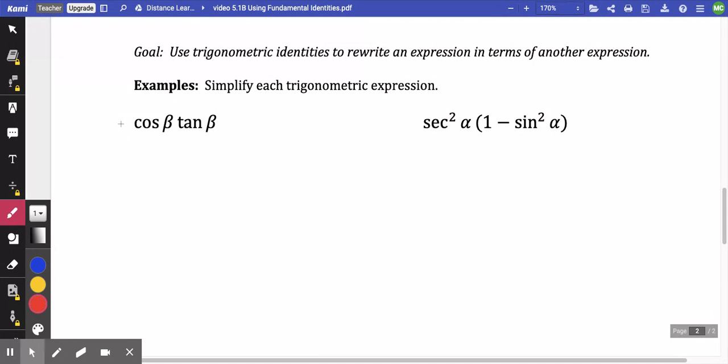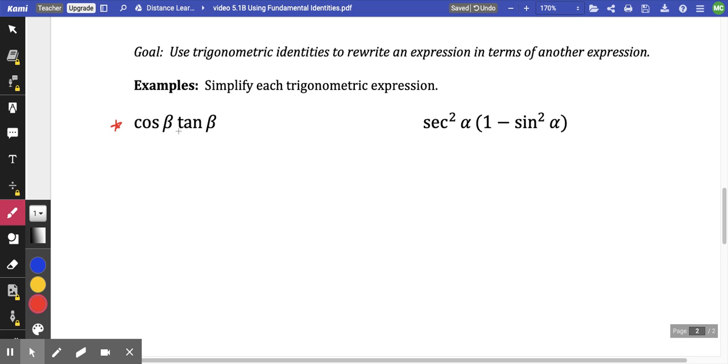So we're going to start with this first one over here. The directions tell us to simplify each trigonometric expression. So our first one says we've got cosine of beta times tangent of beta. To simplify that, I'm going to be thinking about ways that I can replace either cosine or tangent. And I'm going to try doing just one thing at a time.